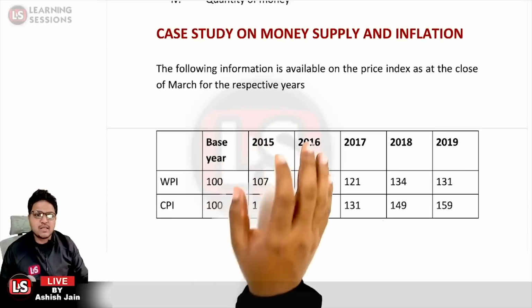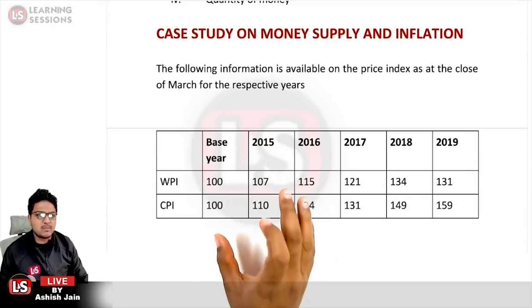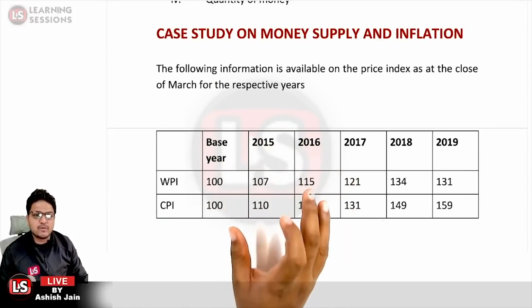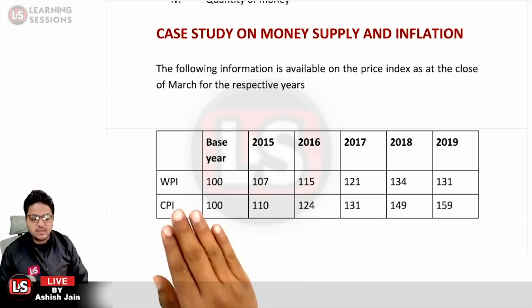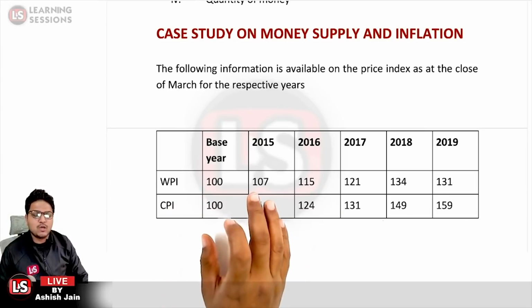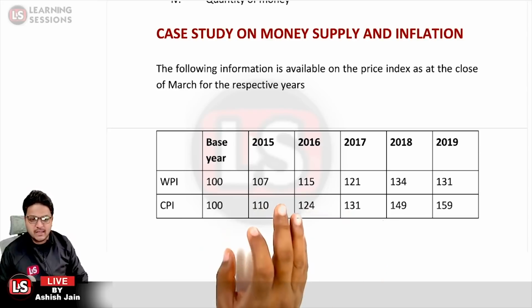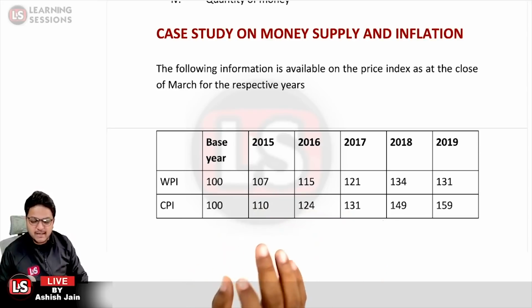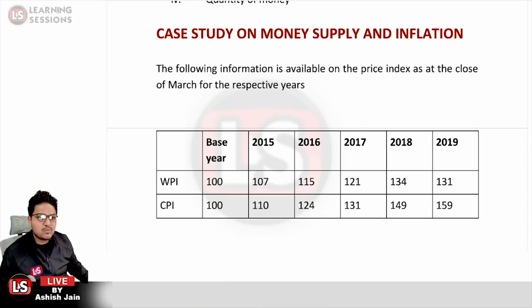The case study says the following information is available on the price index as at close of March of the respective years. Further, we are provided with the data related to the base year, and further related to 15, 16, 17 and 18 related to WPI, that is headline inflation, and CPI, that is core inflation. Further, we need to solve the questions based upon that.